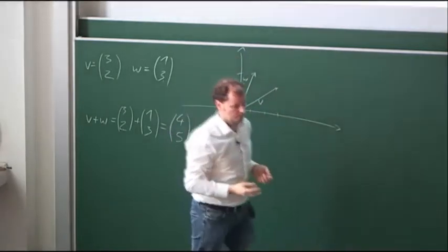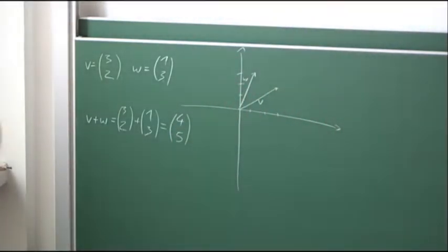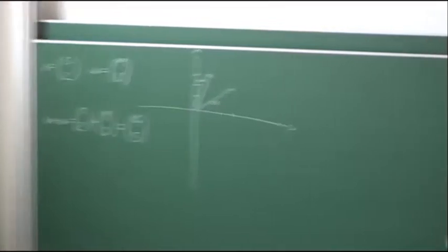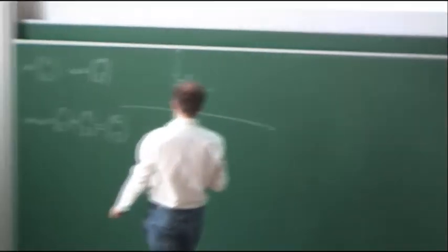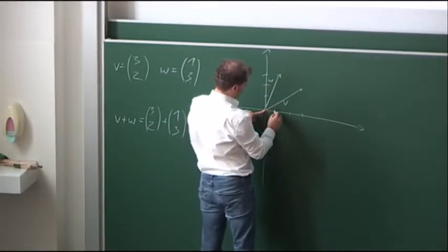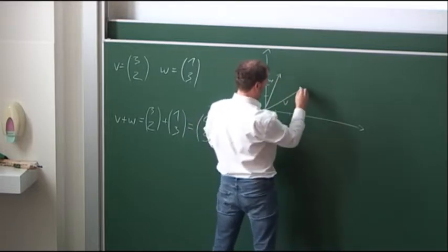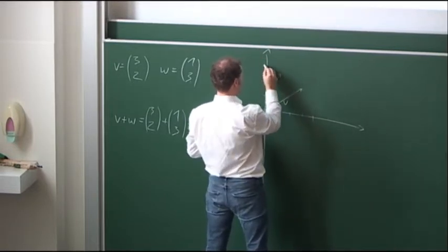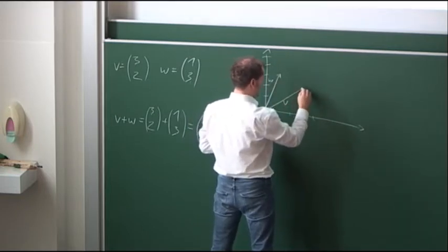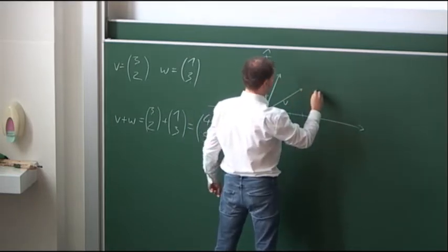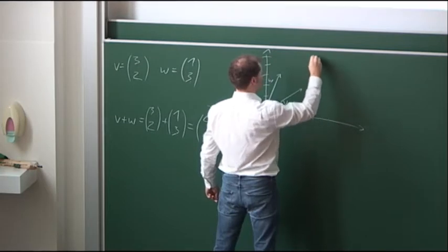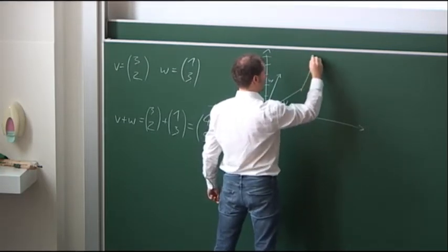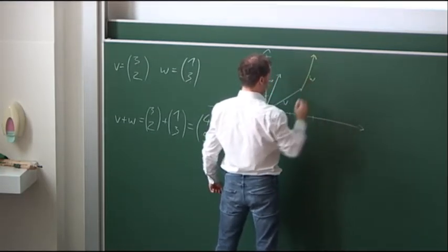So let me get another color. w was 1 to the right and 3 up. So from here, we go 1 to the right and 1, 2, 3, 3 up. So this is w.